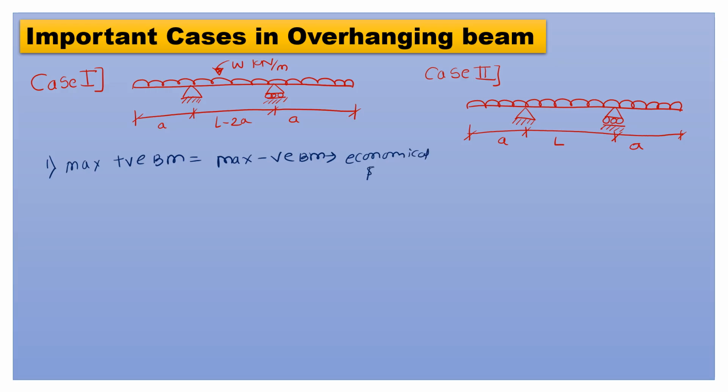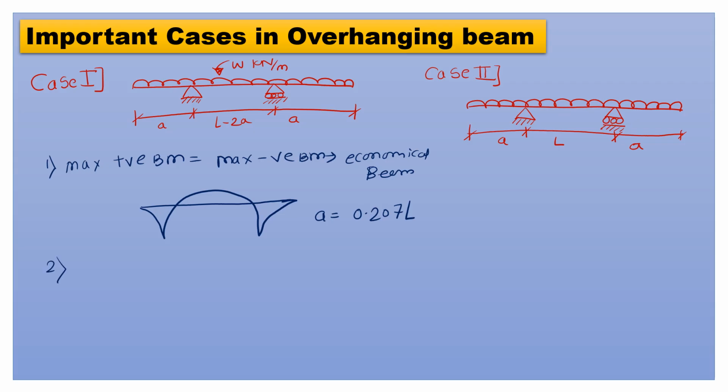If that happens, the bending moment is like this, meaning positive and negative bending moments are equal. In that condition, A is equal to 0.207 of L. They may directly ask that the maximum positive bending moment equals the maximum negative bending moment in an overhanging beam, and A is equal to what? So A is equal to 0.207 L in this case.